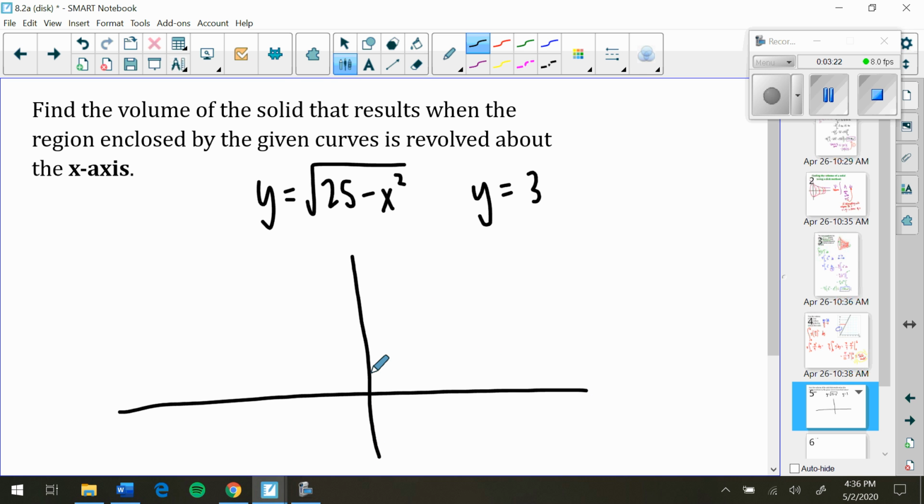I know the line y equals 3 looks like 1, 2, 3, and is just a straight line right there.